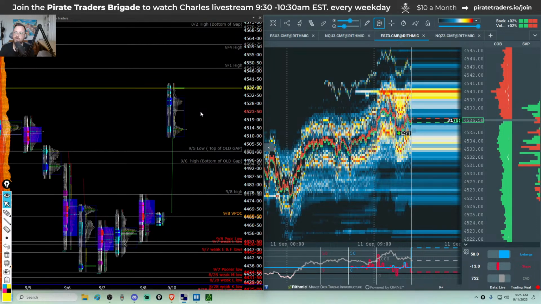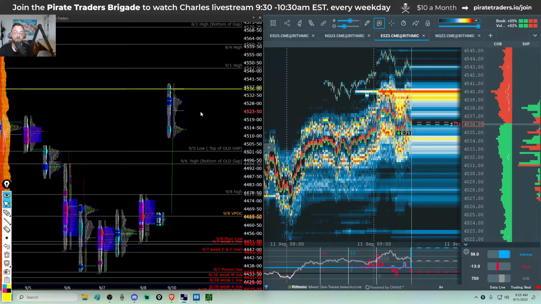Like any other piece of technical analysis, tools that you would use, it's about creating those neural connections in your brain, right? That muscle memory, the neurons that fire together, wire together.